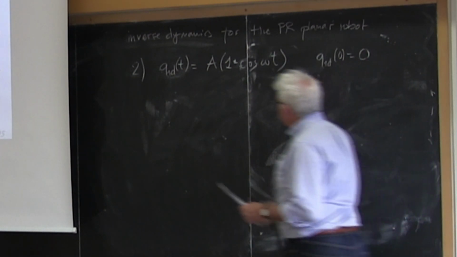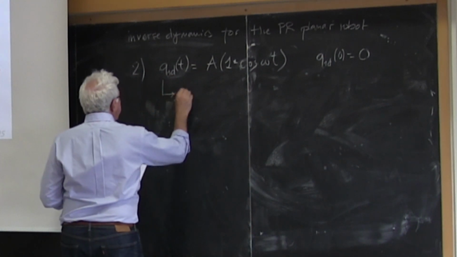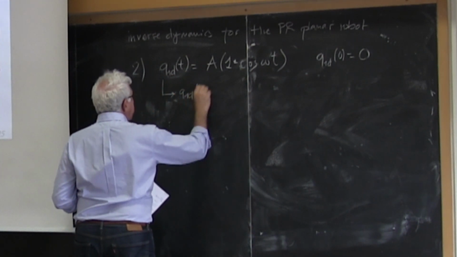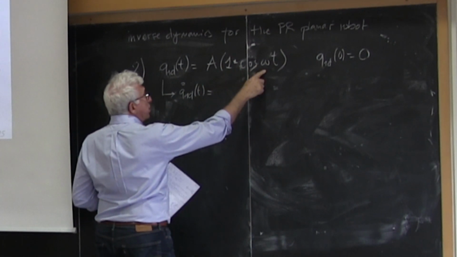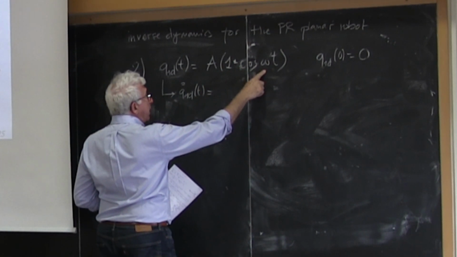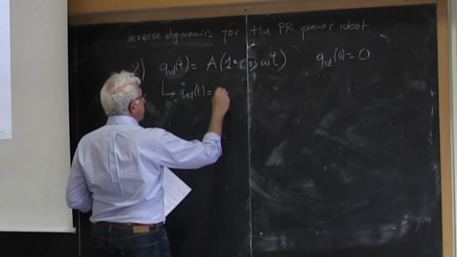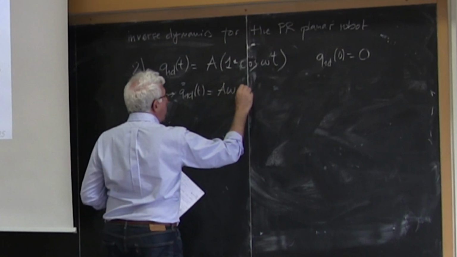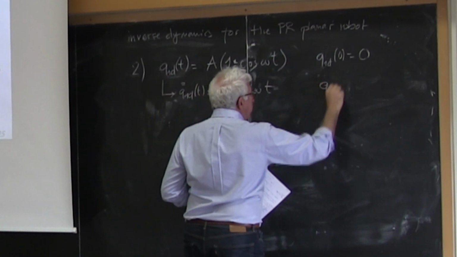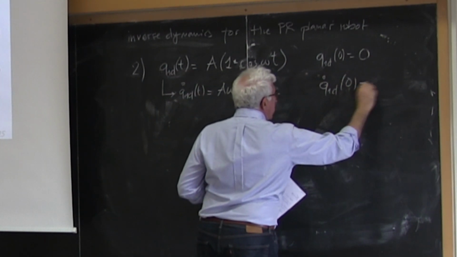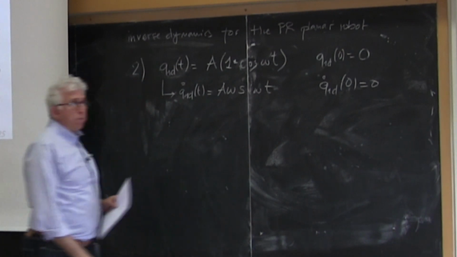And associated to this, by differentiation, q1 desired dot of t will be the derivative of this. The derivative of minus cosine omega t is omega sine of t, so we have a omega sine omega t, which means that initially the velocity of joint 1 is 0.